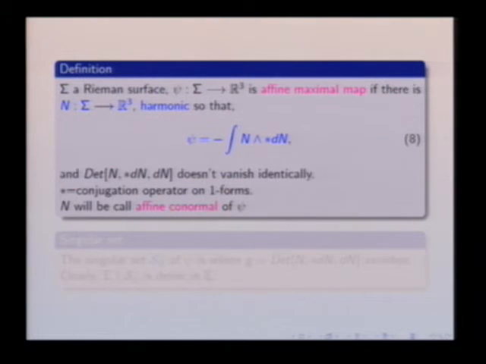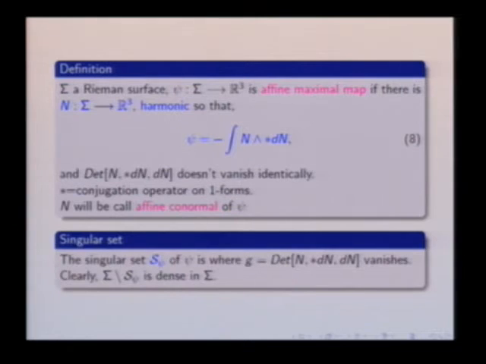We need to assume that the determinant here doesn't vanish identically in order to obtain, in an open set, a well-defined affine metric. In that case, we'll say that the harmonic map N is the affine conormal of the immersion.